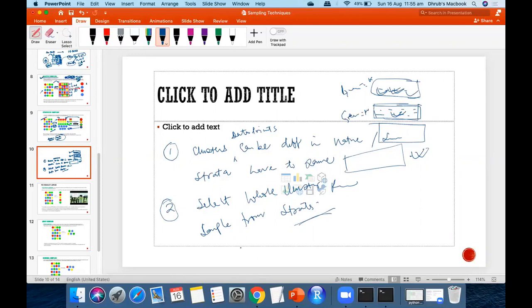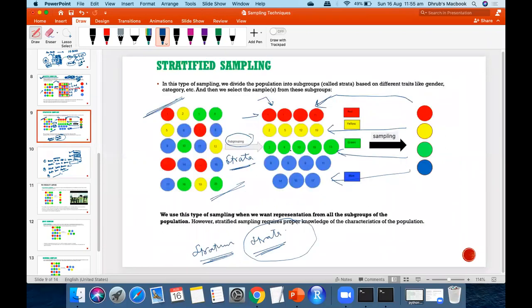Now the third point, or fourth point, or fifth point, you can make multiple points. Conceptually we know everything. Third point, you may write that bias can be more here because the different types of subgroups are not represented properly in a cluster. But in strata we try to have more representation of all the different kinds of population. Understood?